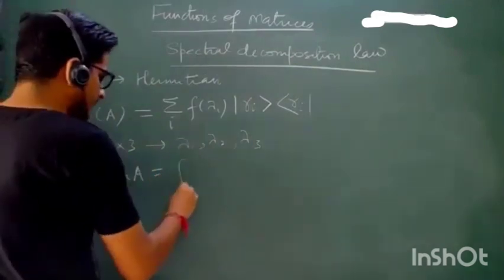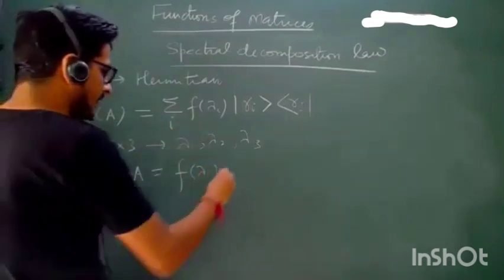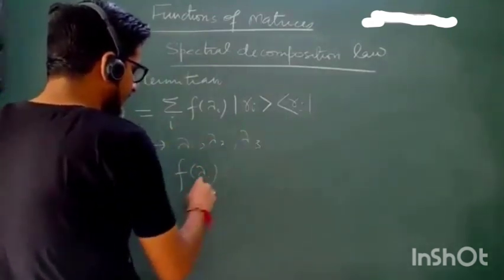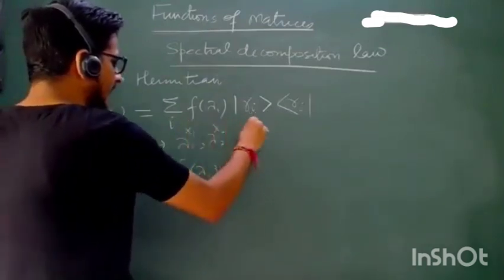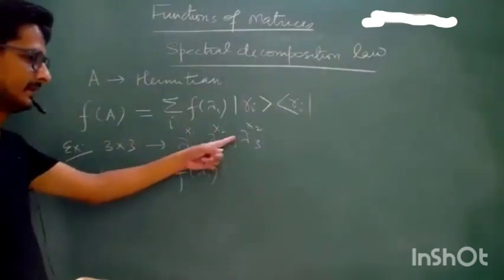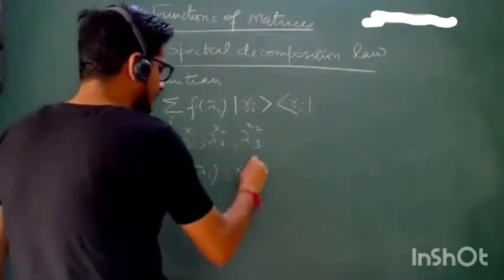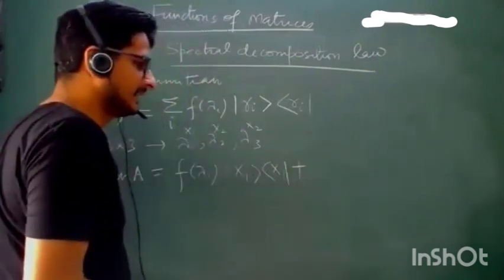So this will become f of, for those who understand this summation and all. Corresponding to lambda 1, let the eigenvector be x1, x2 and x3. Okay? The eigenvectors. So it will become x1, plus, will someone say quickly?